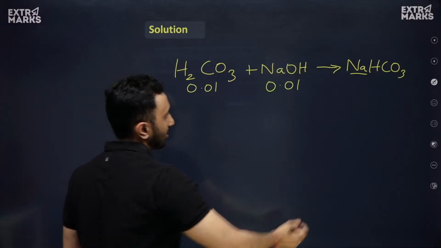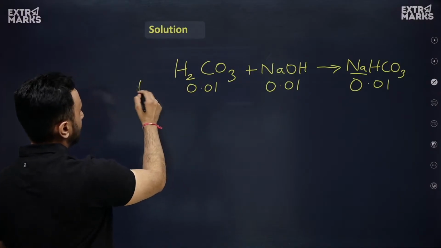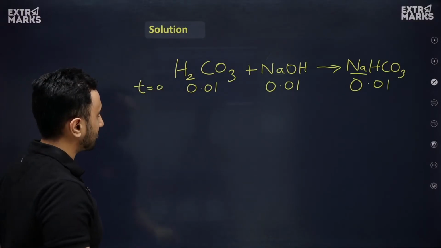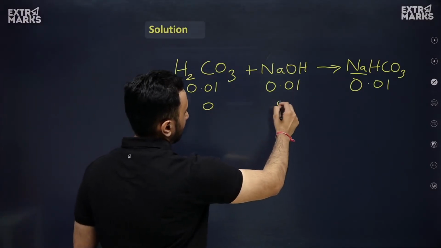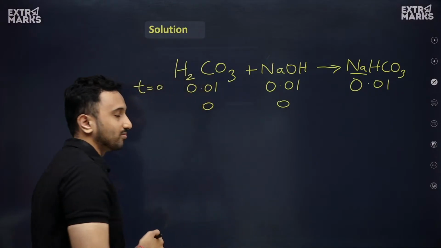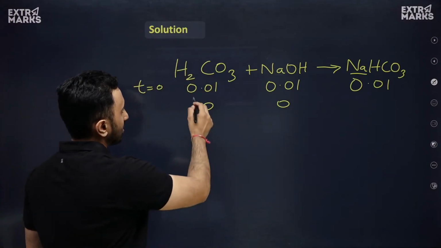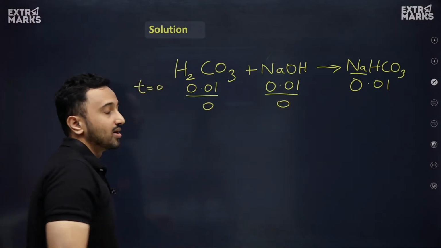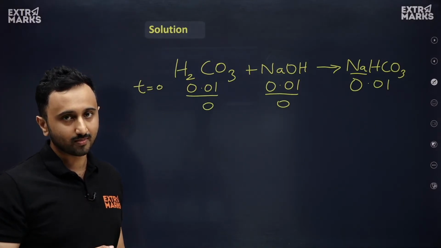So you can write 0.01 over here at time equal to 0, the starting point. Now, after some time, when the reaction proceeds, it will form NaHCO3. How much will be the amount? Here you can see this 0.01, this is also 0.01. It will form new NaHCO3 by the same amount, 0.01.